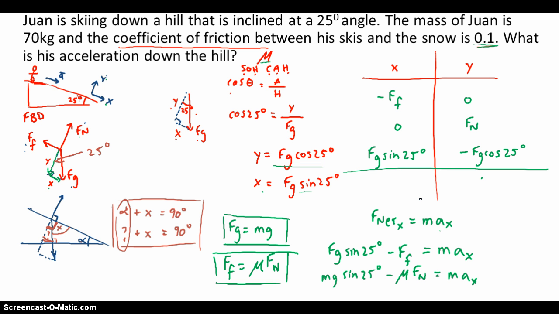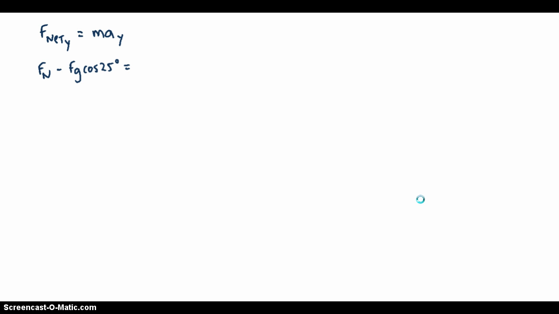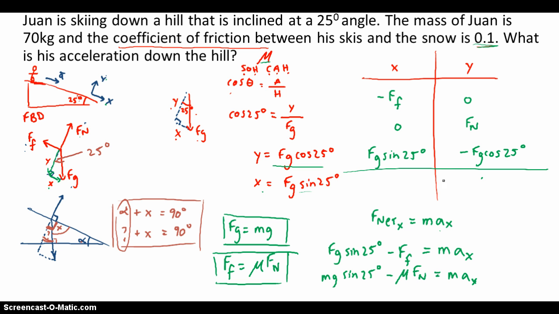Now, you can see why we made our coordinate system in this way. Our skier, if we say the positive x direction is down the slope to the right, our acceleration is only in the x direction. The skier isn't accelerating in the y direction, as we define the y direction being in this direction. He's only accelerating in the x direction. So his acceleration in the y direction with this coordinate system is 0.